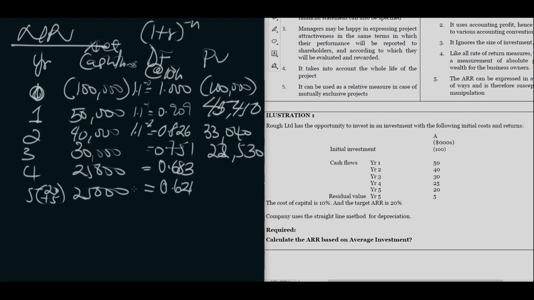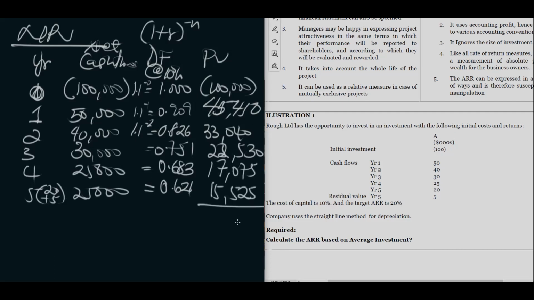Okay, so now we multiply, we have 25,000 by 0.683. That's 17,075. And we have the same 20,621. We have 15,525. Okay.